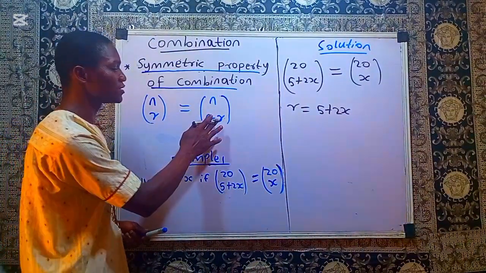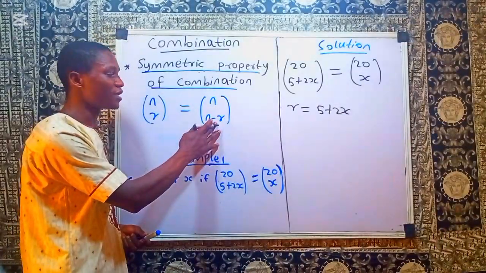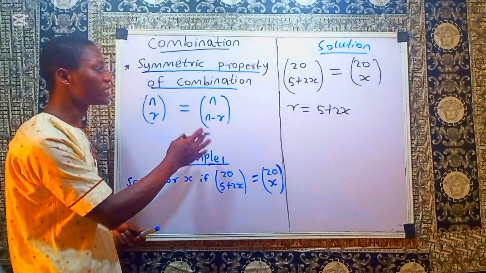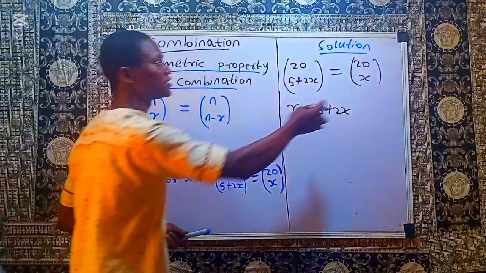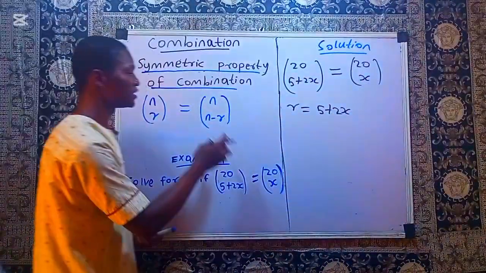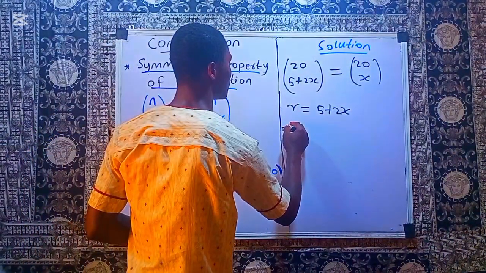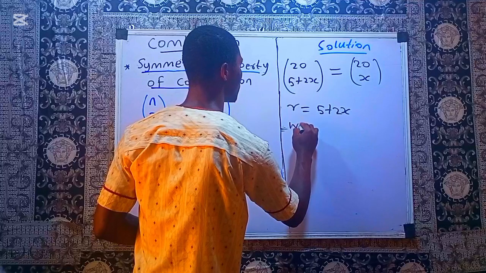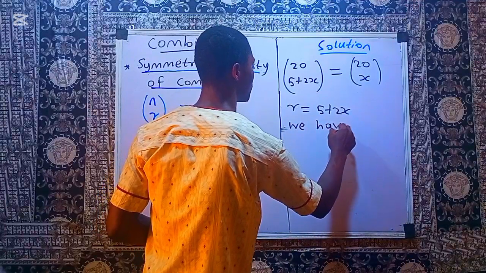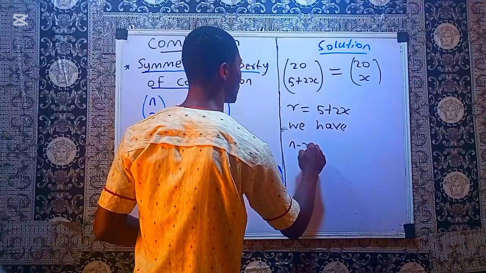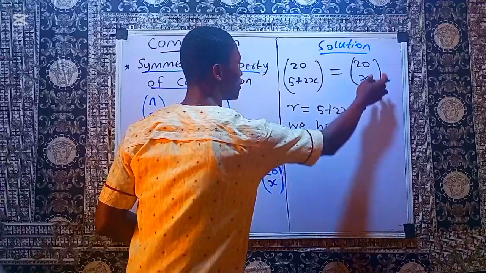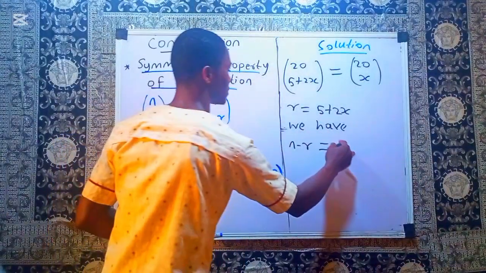Then what the second quantity we have here is what? N minus R will give us the second quantity. So what is the second quantity we have here? X. It means that N minus R is what? X. So this, so we have that N minus R is equal to what? What we have here? X.